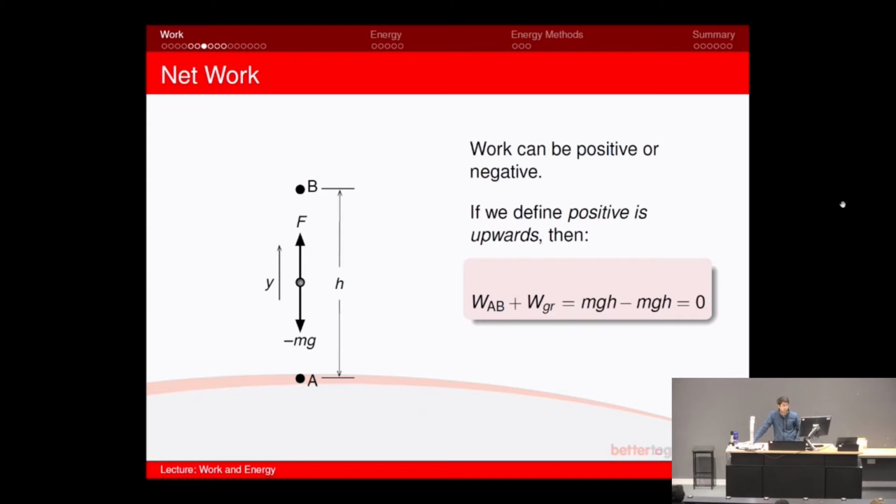In the same case here, if I hold something, you would have the force from me keeping it in the air, plus the force of gravity pulling it down, equals 0. So net force is 0 in this case.